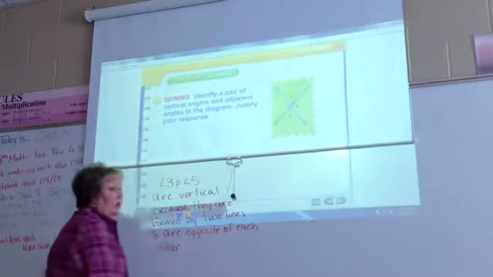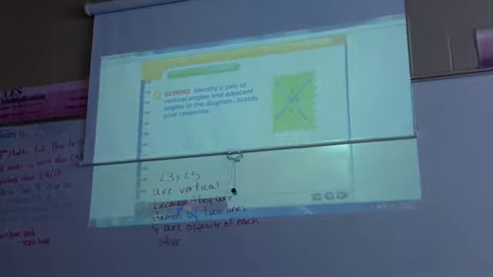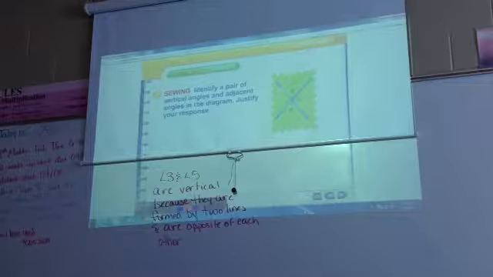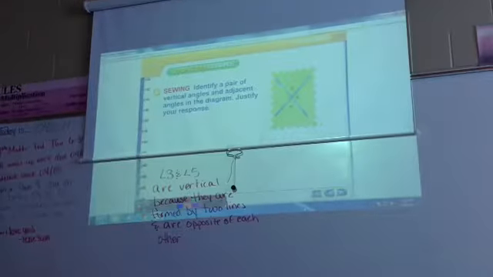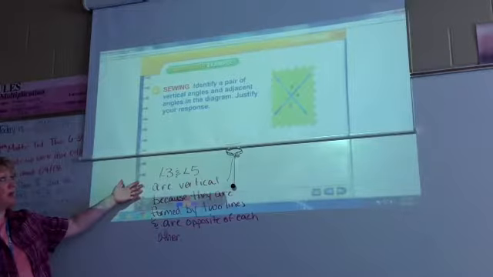Use your words here. When you're asked to justify, you do have to provide an example, or you have to give me some kind of statement telling me why you think these two are vertical angles.